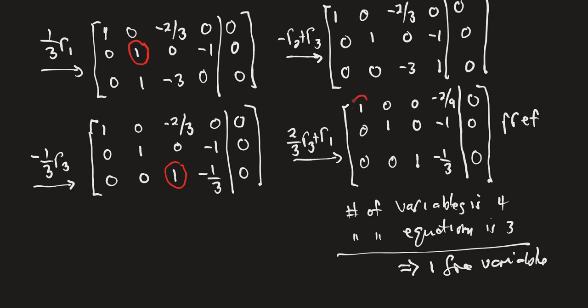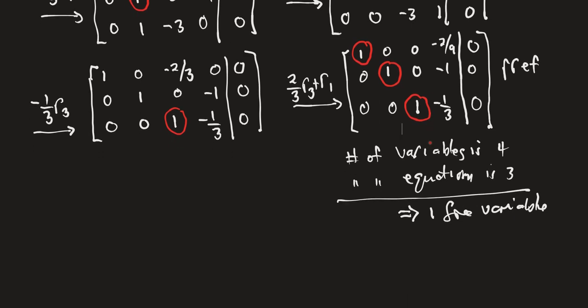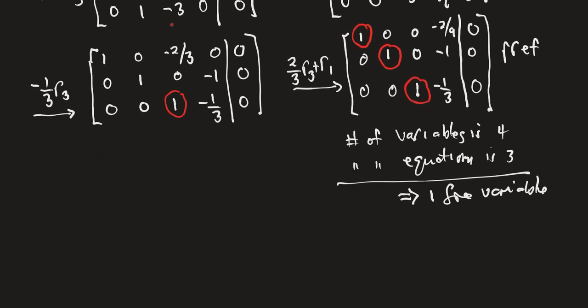So we had a pivot here, a pivot, there's a pivot here, there's a pivot there. There's no pivot, right? No leading entry in the 4th column. So that means my 4th variable is the one that I'll use as my free variable. So let's go ahead and do that.